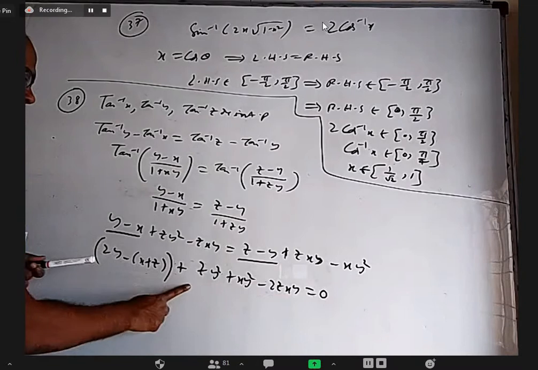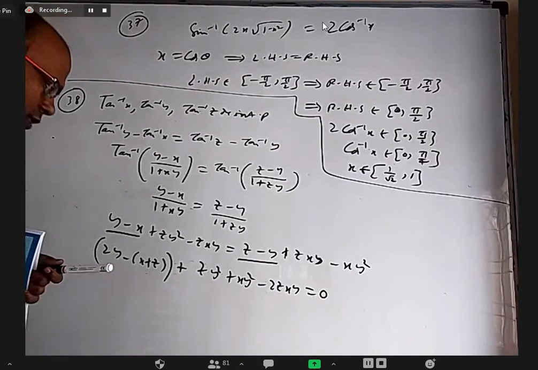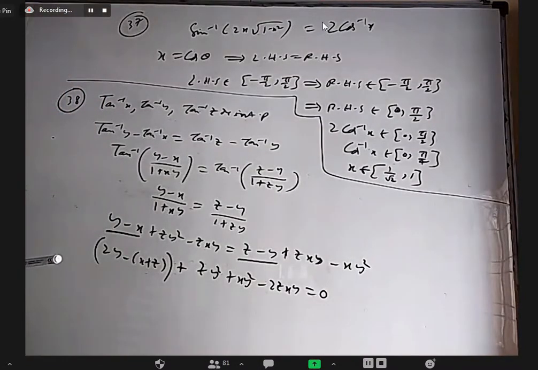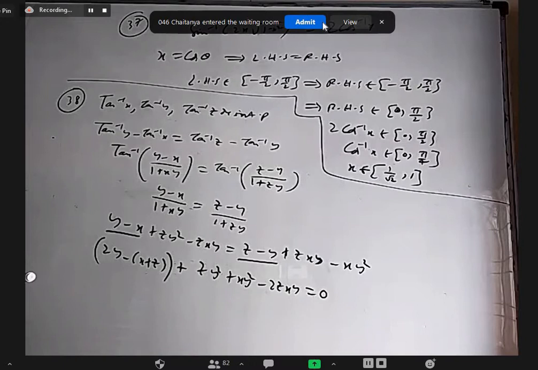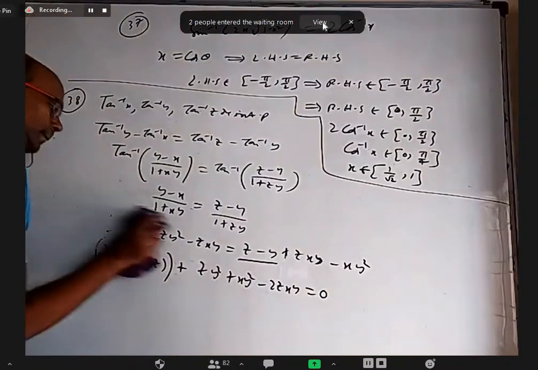If I take x, y, z common here, what will I get? y by x plus y by z minus 2. Okay, so I have to use that they are in AP somewhere, otherwise it's not possible.